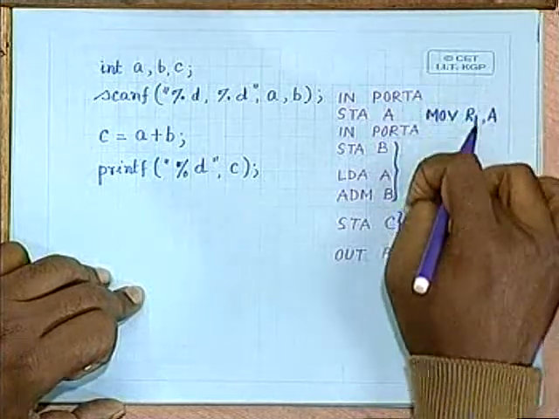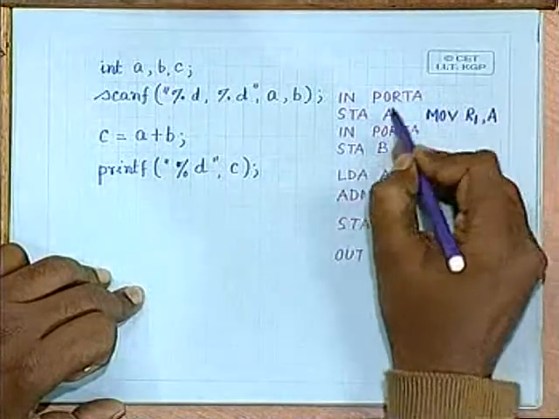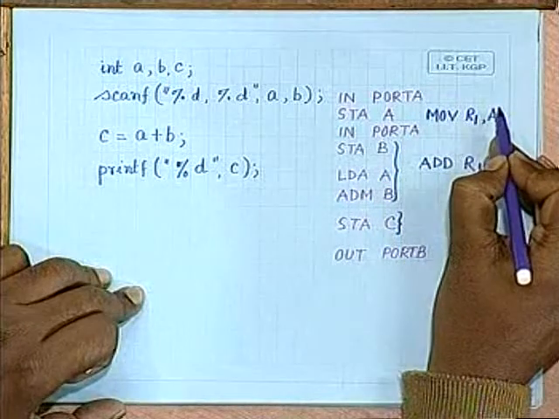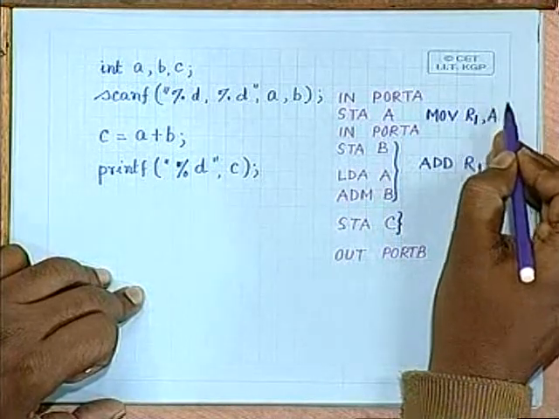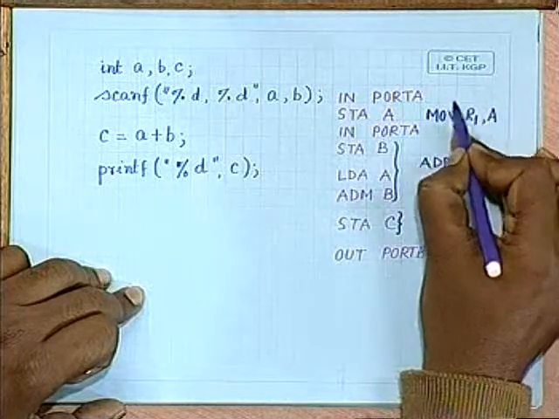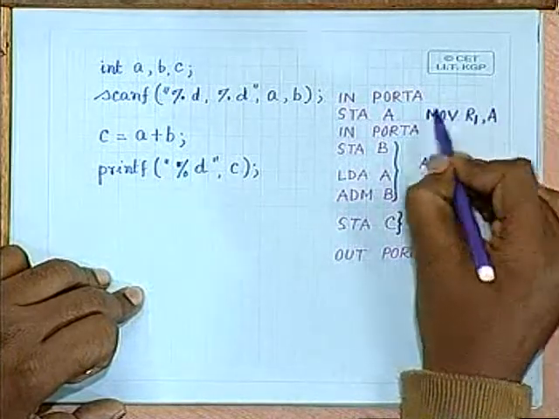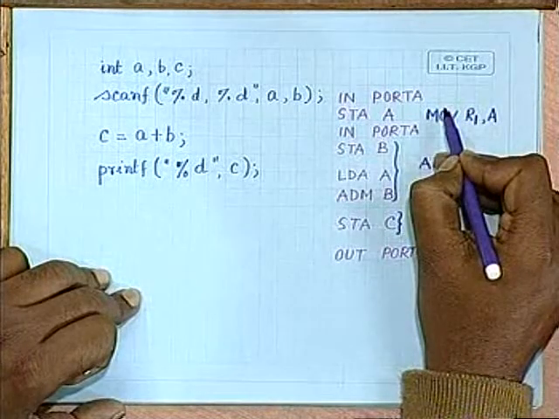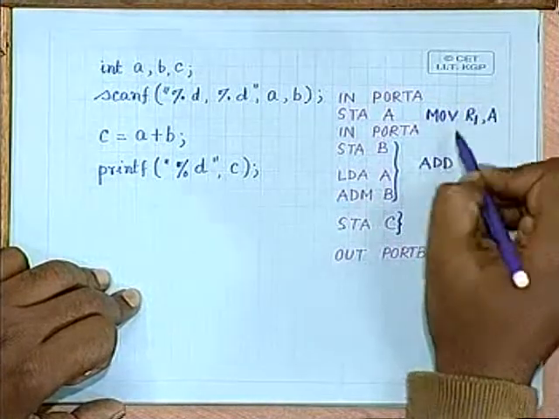Now, how are these instructions actually stored in the memory? Each of these instructions will be converted to a machine language code, which is a binary number, sometimes represented as a hexadecimal number, and those machine level instructions will be read from the memory. The instructions will be decoded and the corresponding action will be taken.